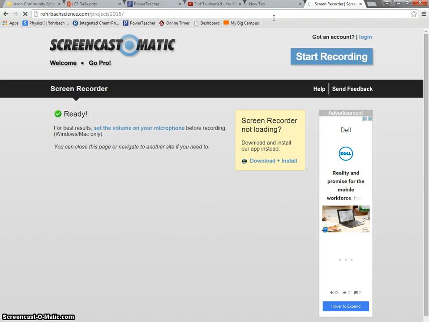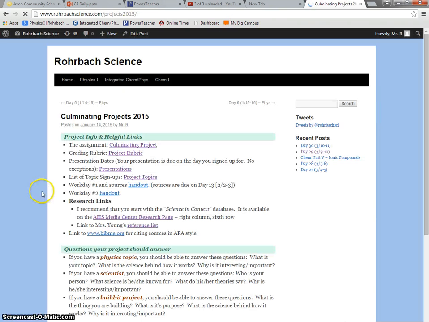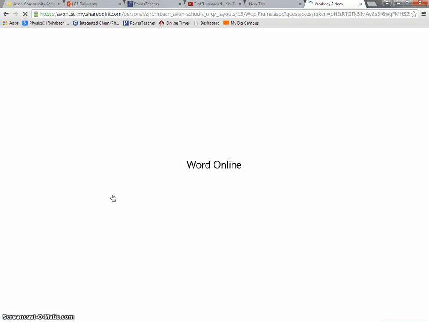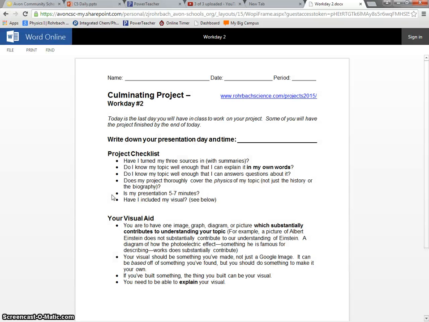You can find the assignment if you've lost it, and particularly if you go to the Workday #2 handout, this is where I suggest you go, just to make sure, one more time, that you've got everything taken care of.